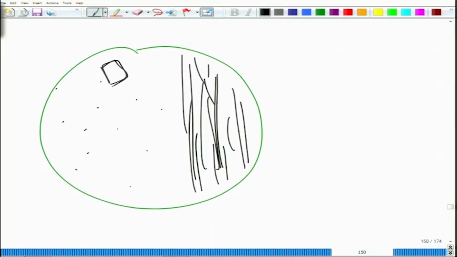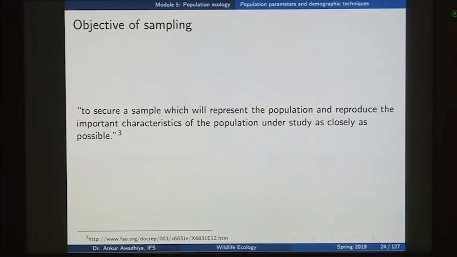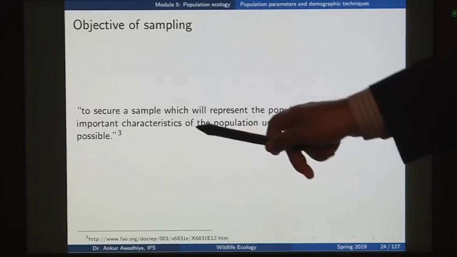less density of animals. So, you are extrapolating and you are saying that the whole area has a very less density. On the other hand, if you are taking a quadrant only here, then you might overestimate the number or the density of animals. So, the sample has to be chosen in such a way that it represents the population and reproduces the important characteristics.